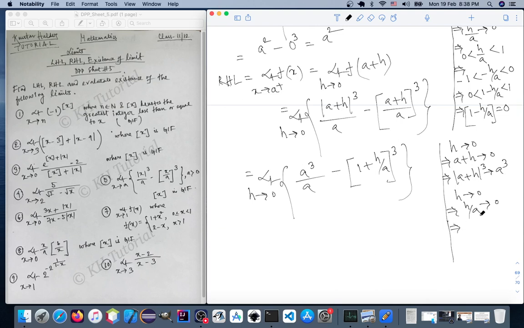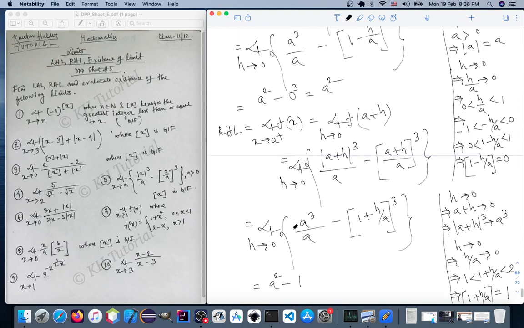This implies 1 plus h by a will be just a little greater than 1, but less than 2. So the box, the greatest integer function, is equal to 1. So this becomes a square minus 1.